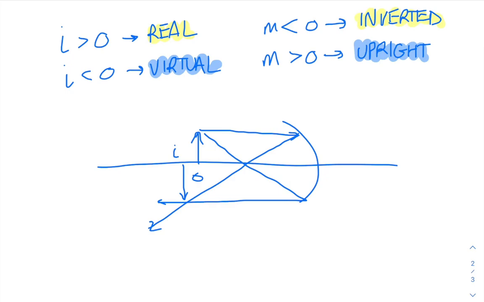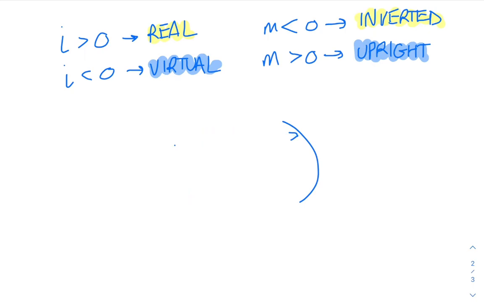In a testing context, what I want to do right now is look at this a little more mathematically. If we look at a real image, think of real as the image being formed where you would expect the light to go for either a mirror or a lens.